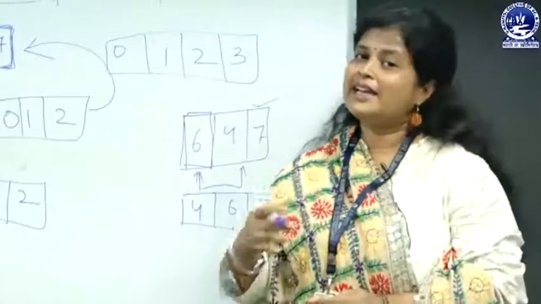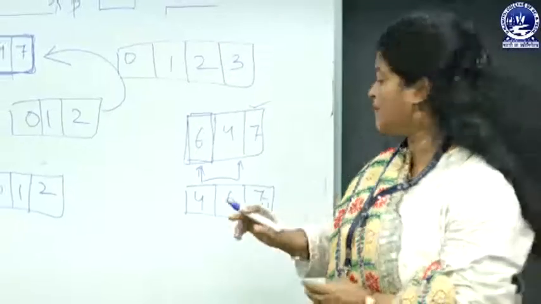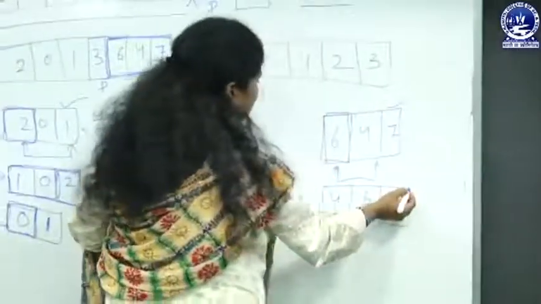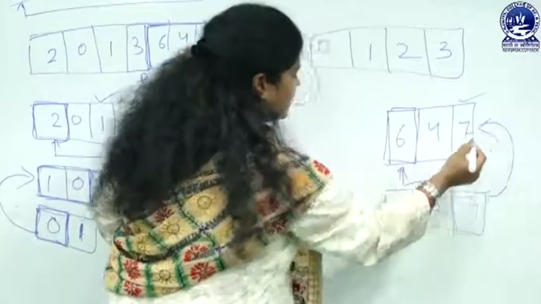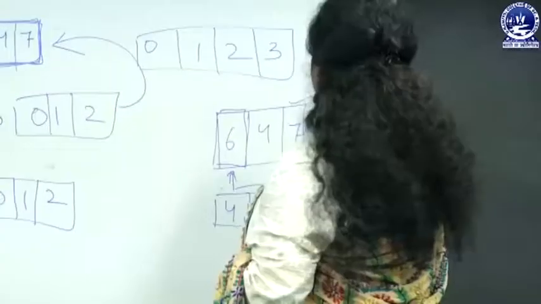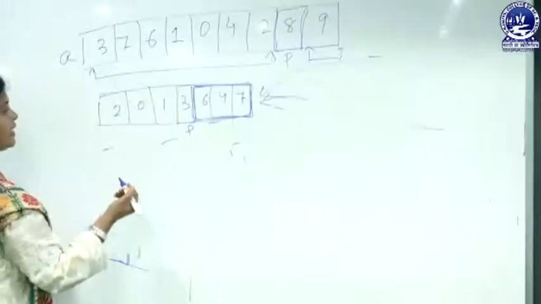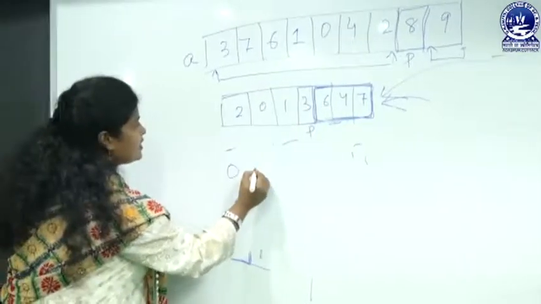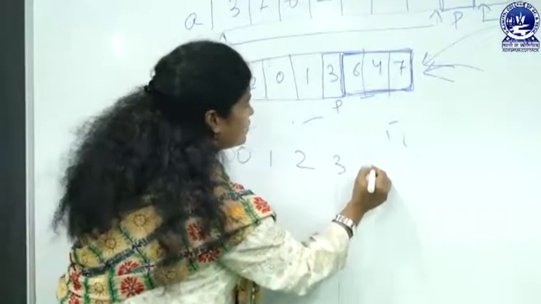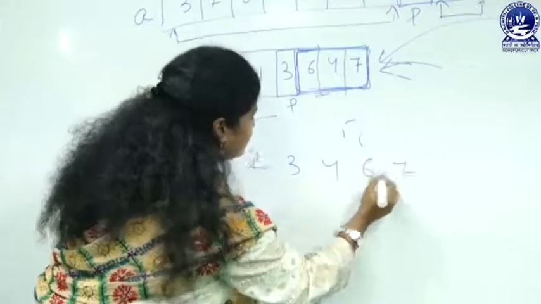So, now again it will be performing recursively, backing to the previous function call. So, it will back here and the output will be 4, 6, 7, it will back here and the output will be 0, 1, 2, 3, 4, 6, 7.